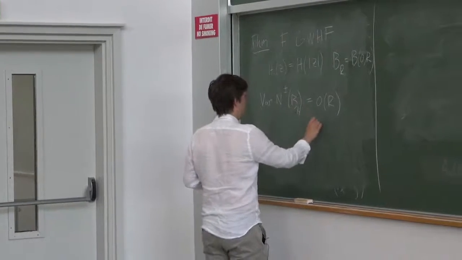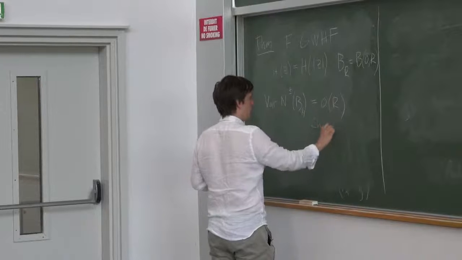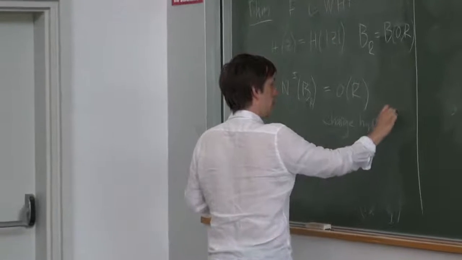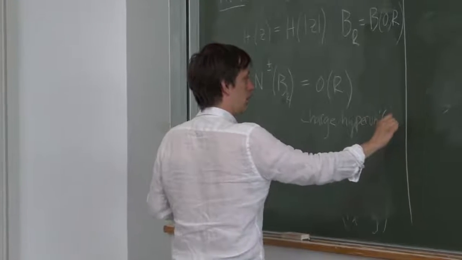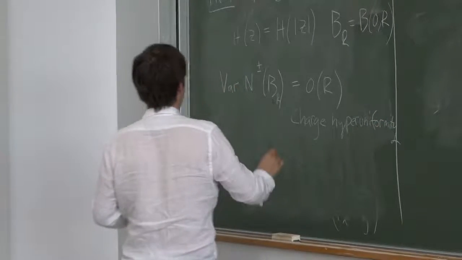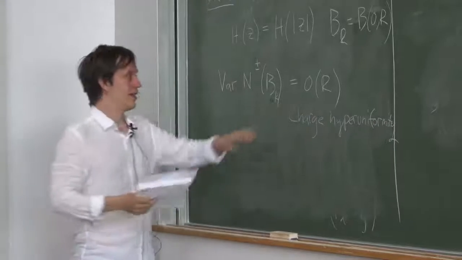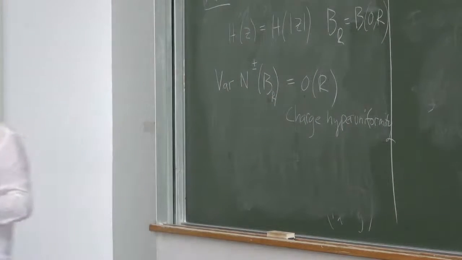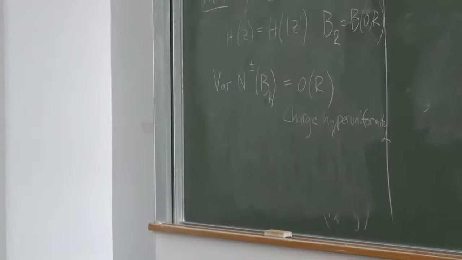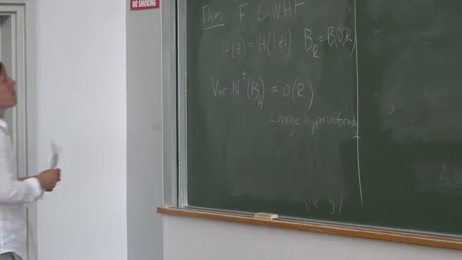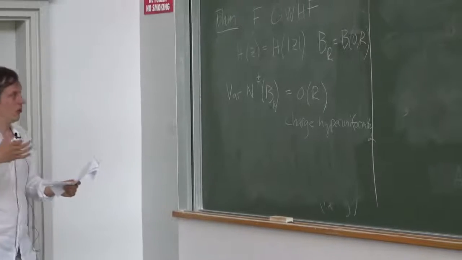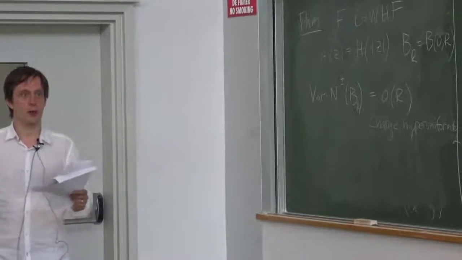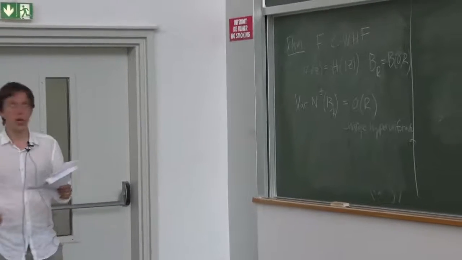Usually this is called hyperuniformity. This is some kind of charge hyperuniformity. Hyperuniformity usually means that the growth of the variance is smaller than r squared, which is the volume of the ball. So these fluctuations around the expectation are somehow suppressed at large scales.